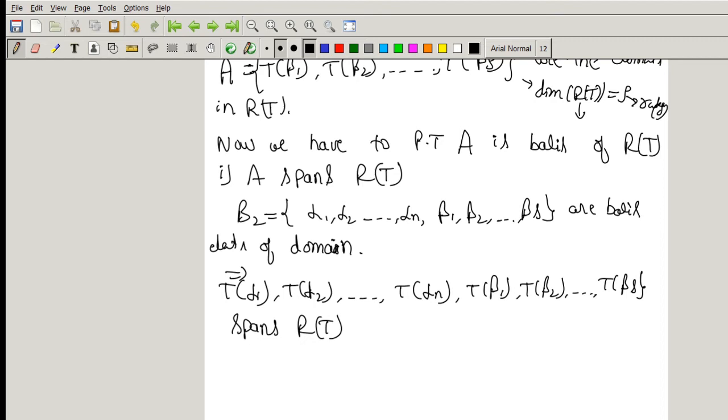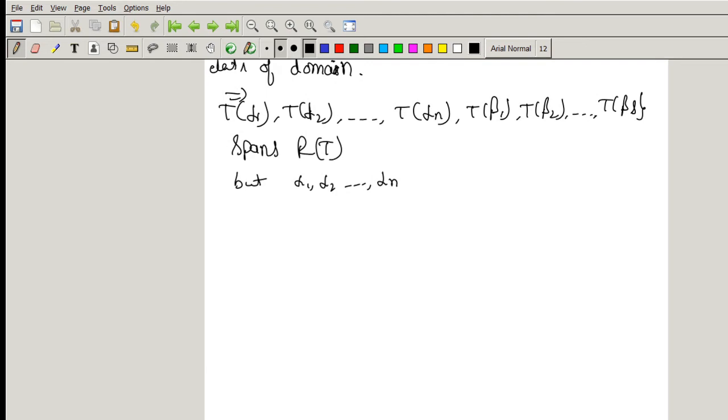But alpha 1, alpha 2, so on up to alpha n belong to the null space N of T. Which implies that if any element is in the null space of T, that must be mapped to 0.